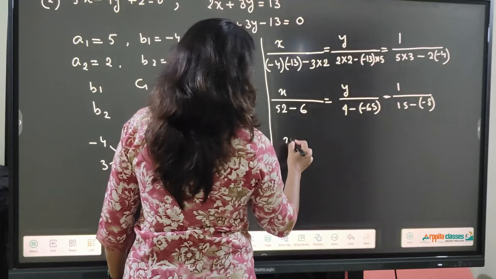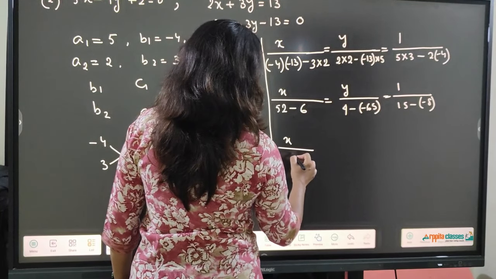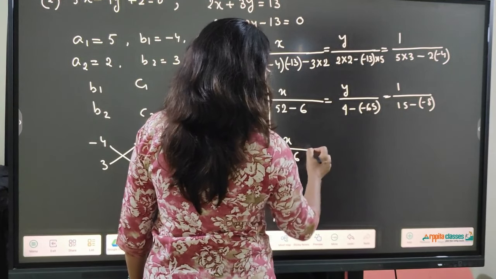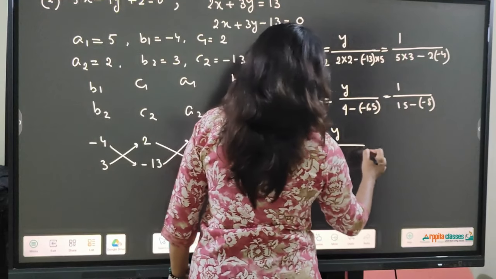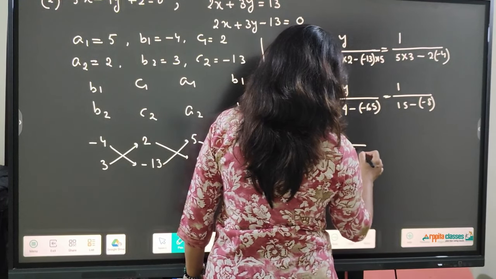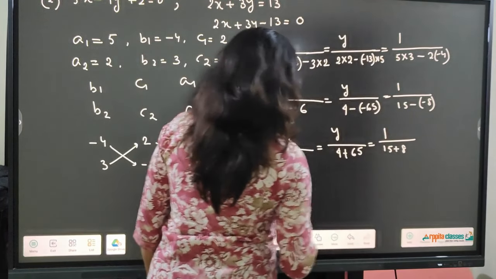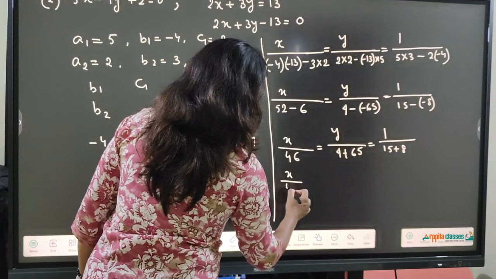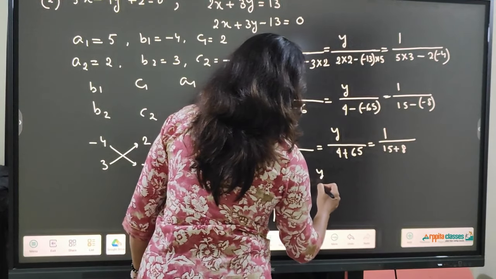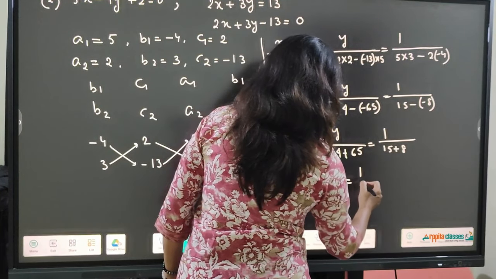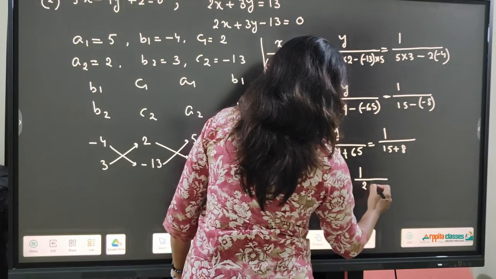Now this will be x upon, this is 52 minus 6, that is 46, is equal to y upon 4 plus 65, is equal to 1 upon 15 plus 8. So here you are getting x upon 46 is equal to y upon 69 and is equal to 1 upon 23.